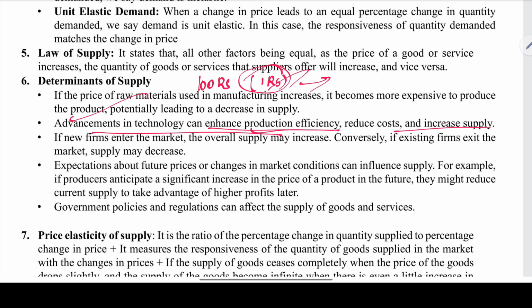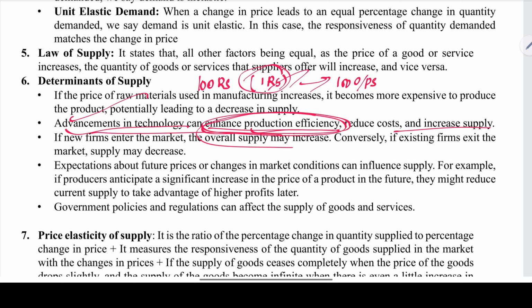For example, the raw material is cotton. Because of BT cotton, a technology innovation, there is no pest attacking the cotton, therefore we have more productivity of cotton. The raw material is now cheaper, therefore I can make 100 outputs. Technology will enhance the production efficiency.